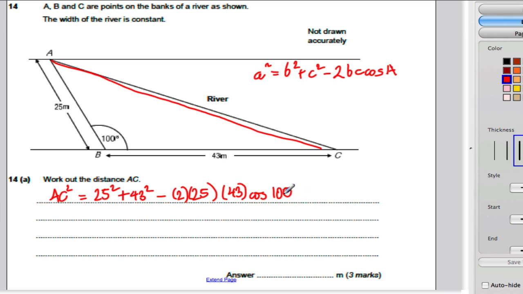So if we work that out, we get something like 2,847. So AC is the square root of that, so I take square roots of 2,847, and I get the answer 53.3. And the unit is meters.